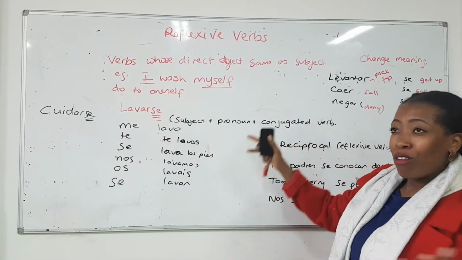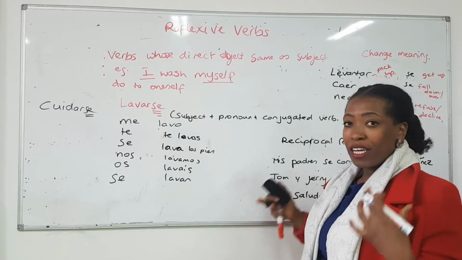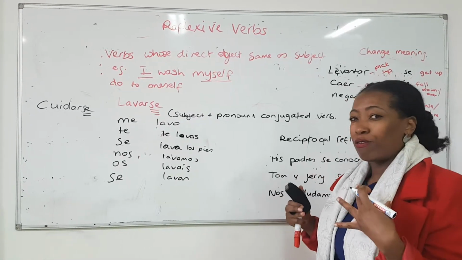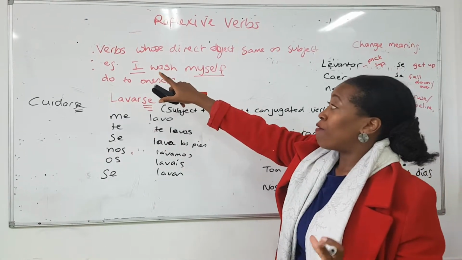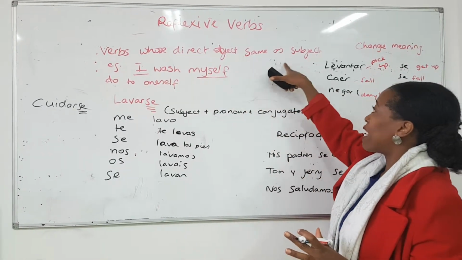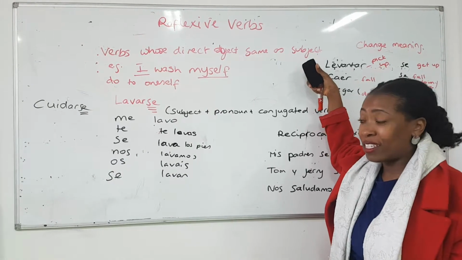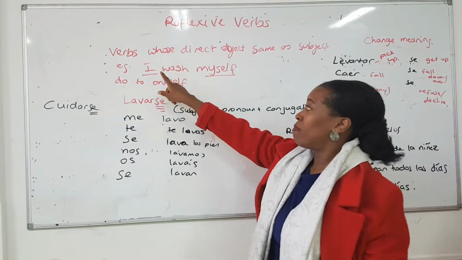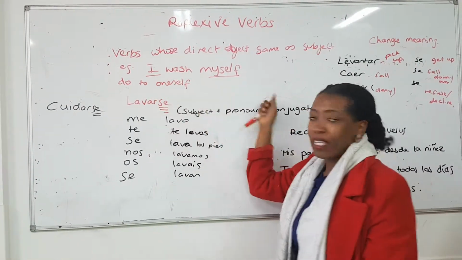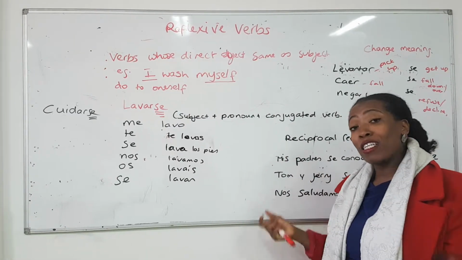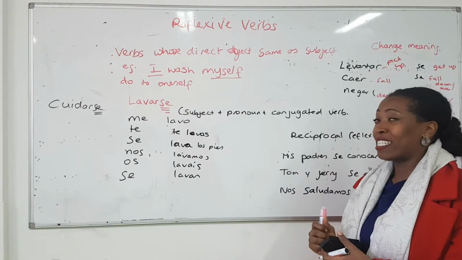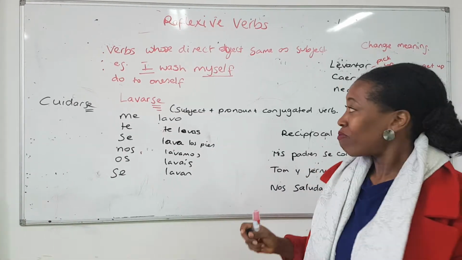It tells us that we're talking about oneself, something you normally do to yourself rather than have somebody else do it to you. The verbs whose direct object is the same as the subject. Perfect example: I wash myself. You do it yourself to yourself. That's basically what a reflexive verb is.